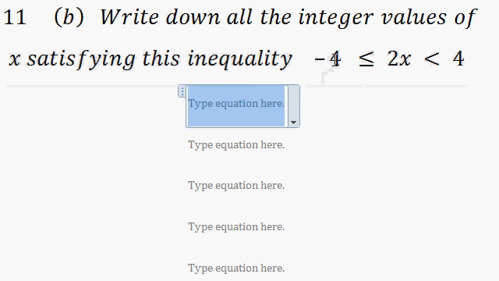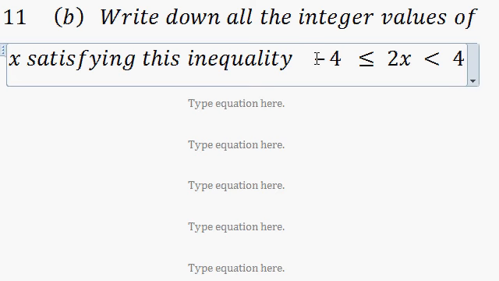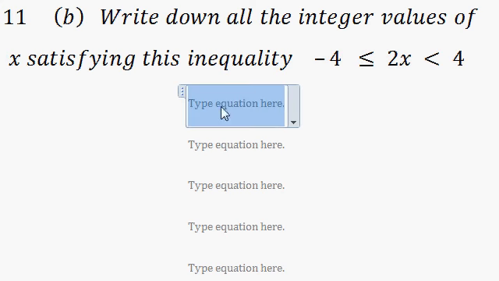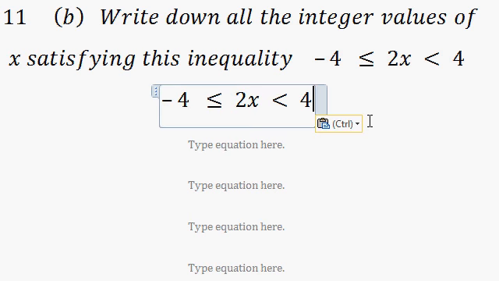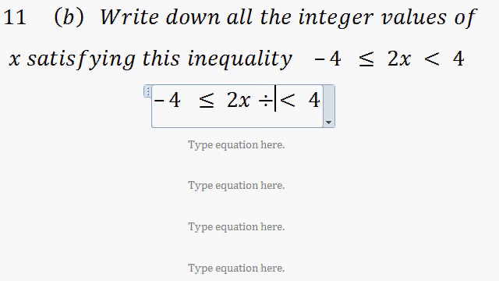So x is being multiplied by 2 at the moment. So I'm going to use the inverse method. The inverse of multiplying is dividing, just as the inverse of adding is subtracting. So I'm going to divide 2x by 2 so it becomes just x.